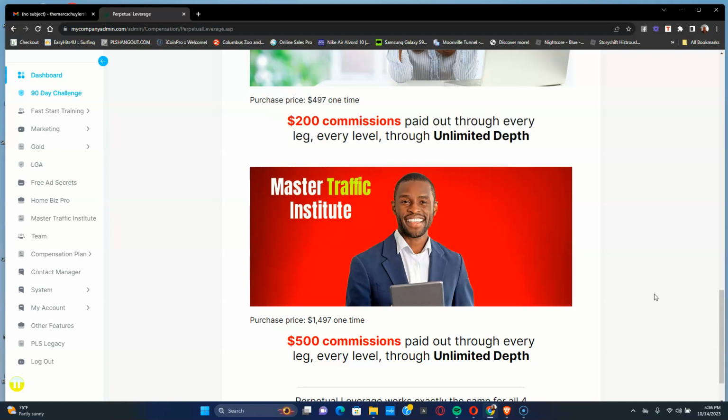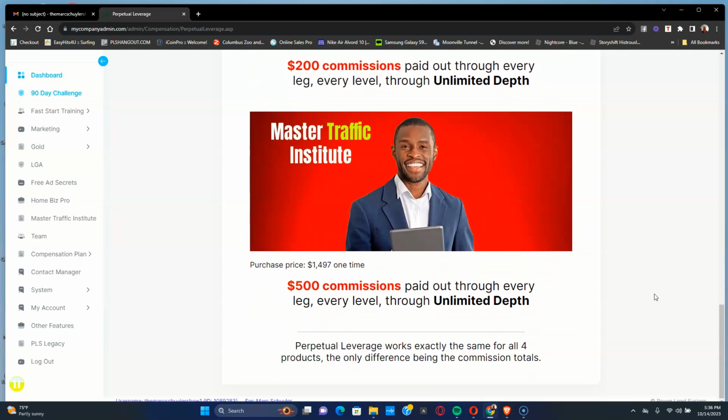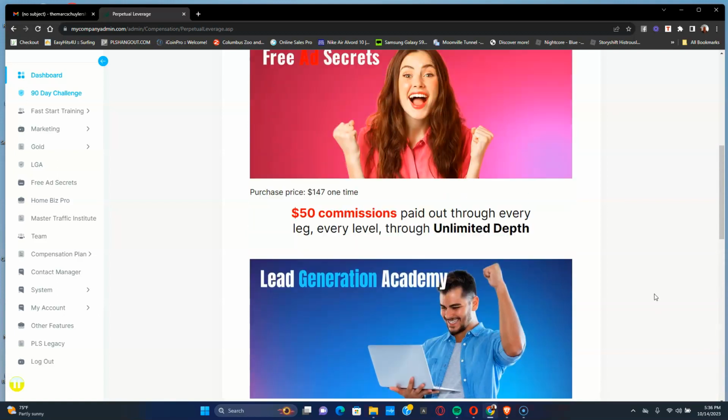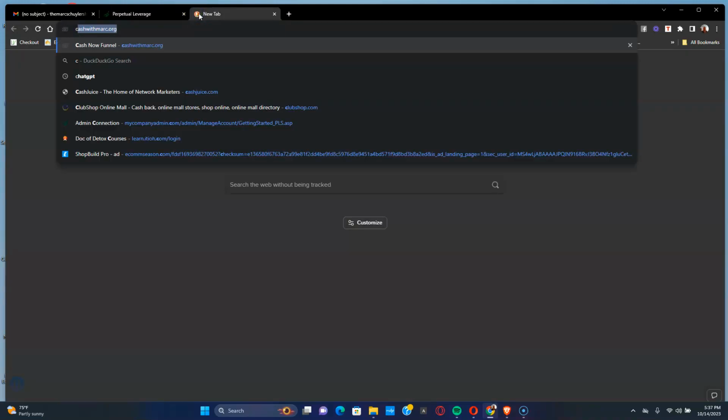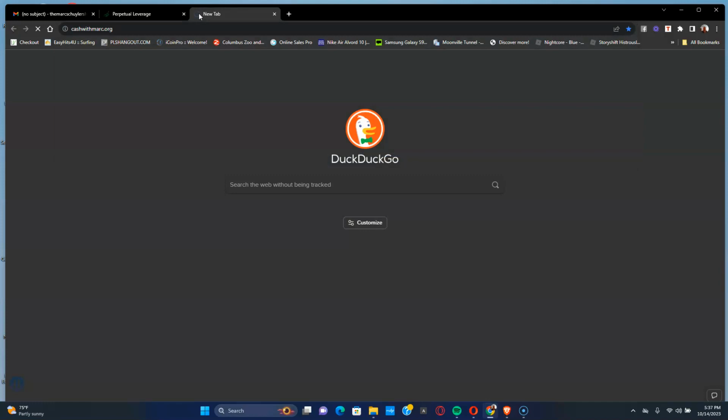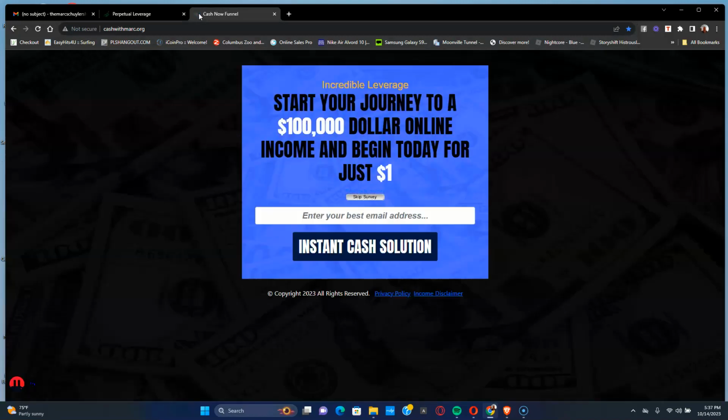For people who just want to try it out for 14 days for $1, you can get this system, and I will give you the web address right away. Go to cashwithmark.org, or just go to www.cashwithmark.org to get started.